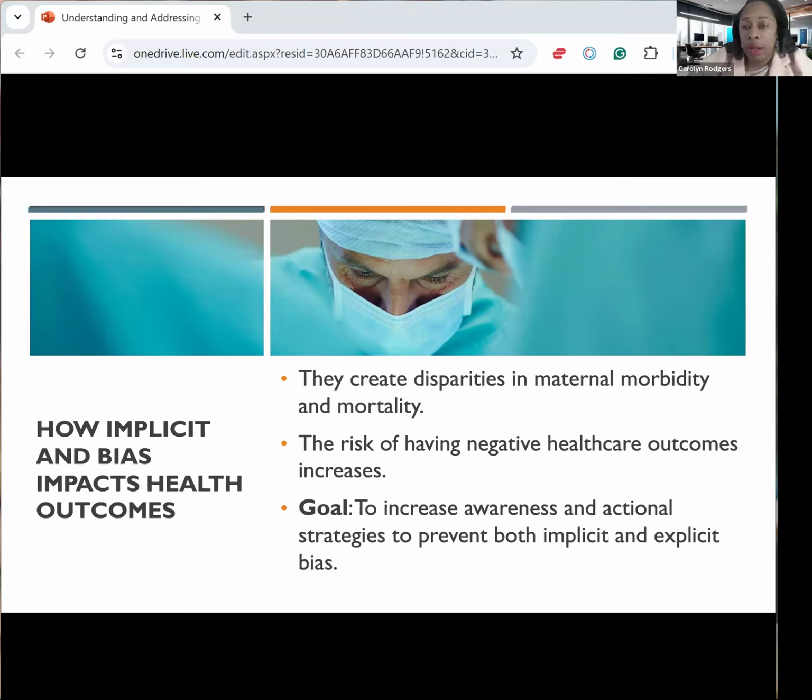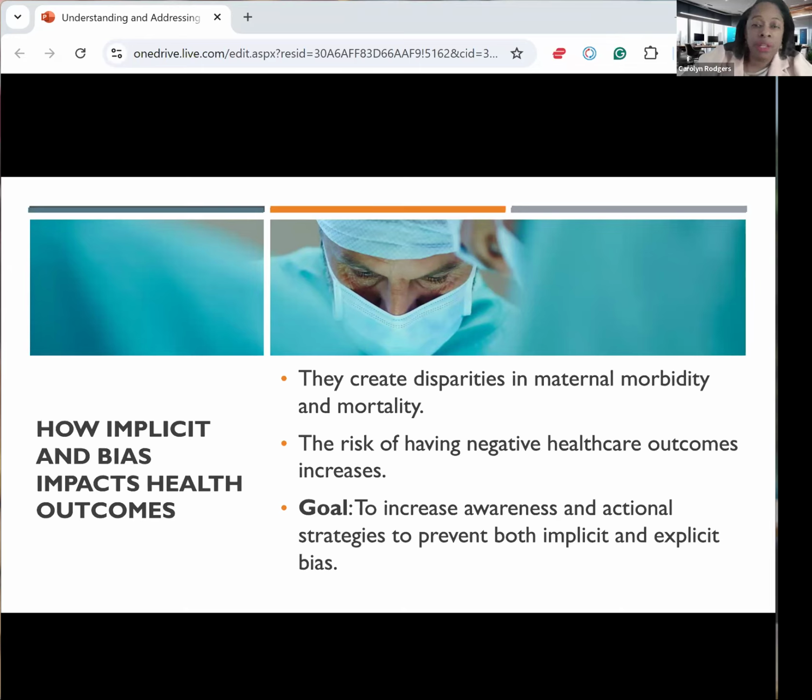Okay. There's a communication gap and disrespect. So there's 21% of Black women who reported that they received poor treatment during maternity care due to their race or ethnicity. And again, this is perpetual. It leads to mistrust, lower patient engagement, and missed signs of complications.